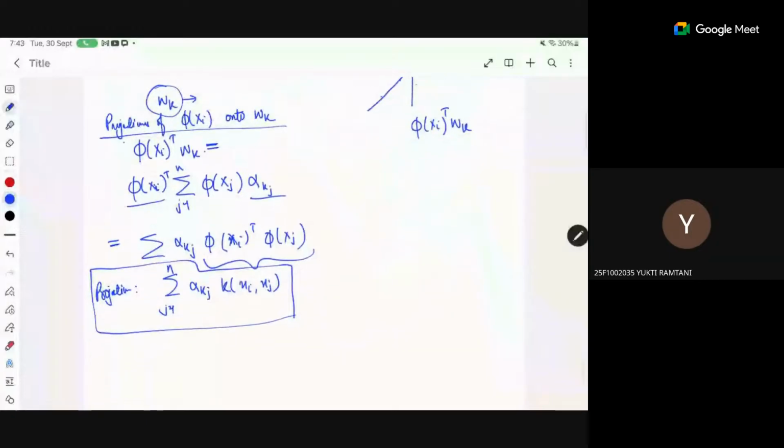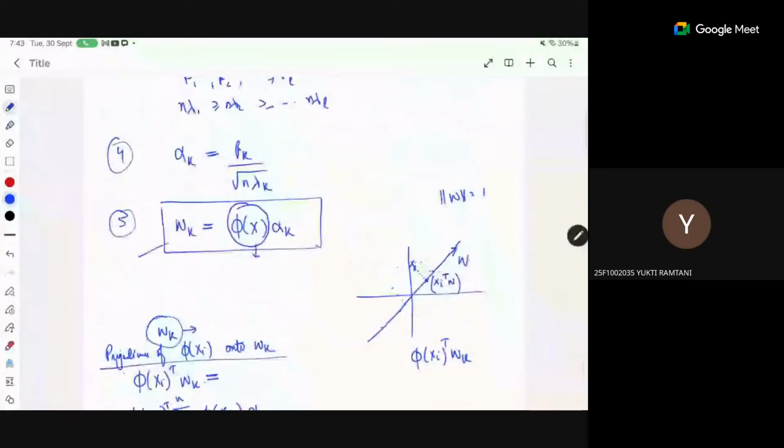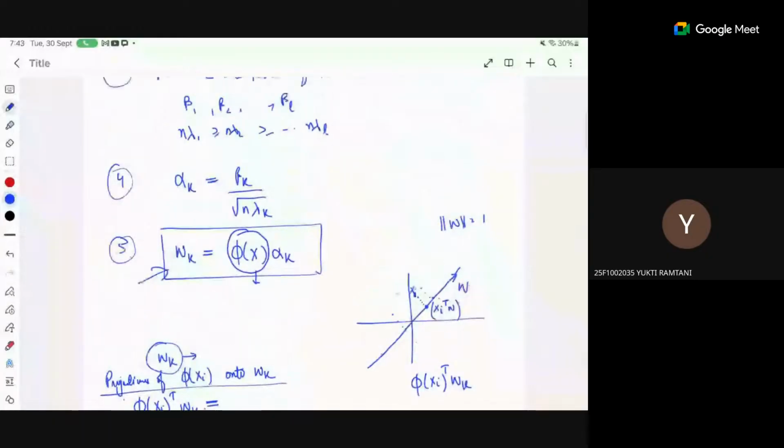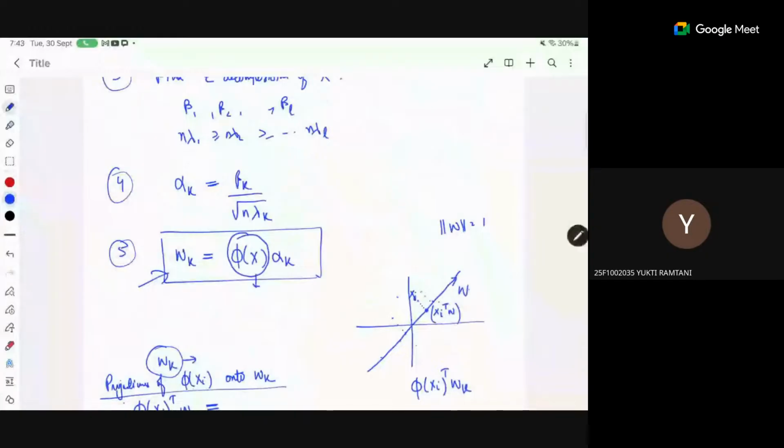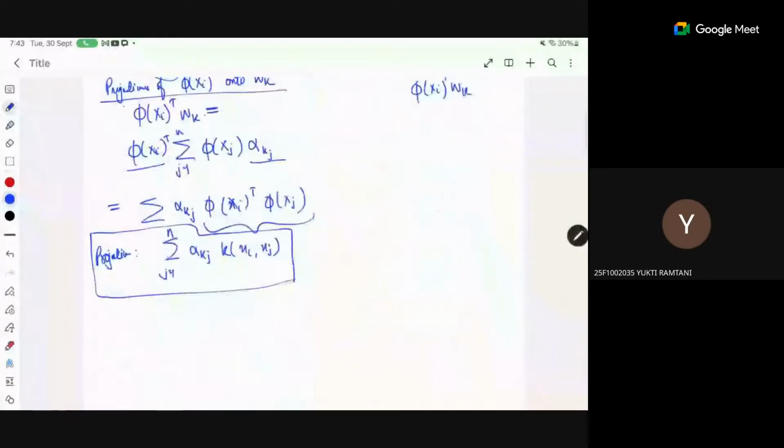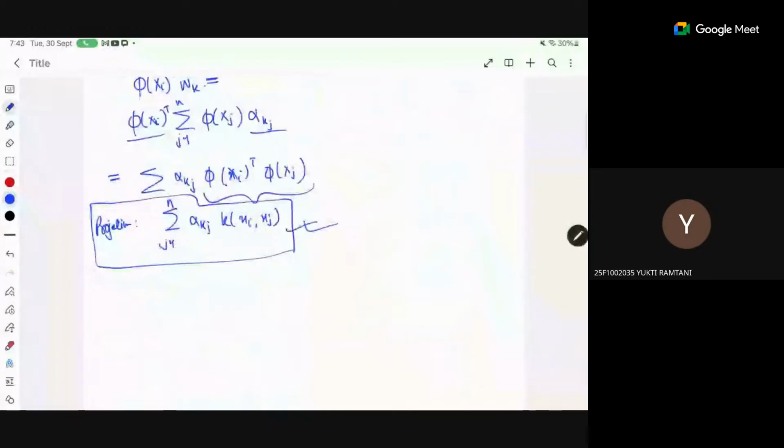So instead of finding wk, what we will do is find alpha kj times k of xi comma xj. My xi was originally in R^d, small d.